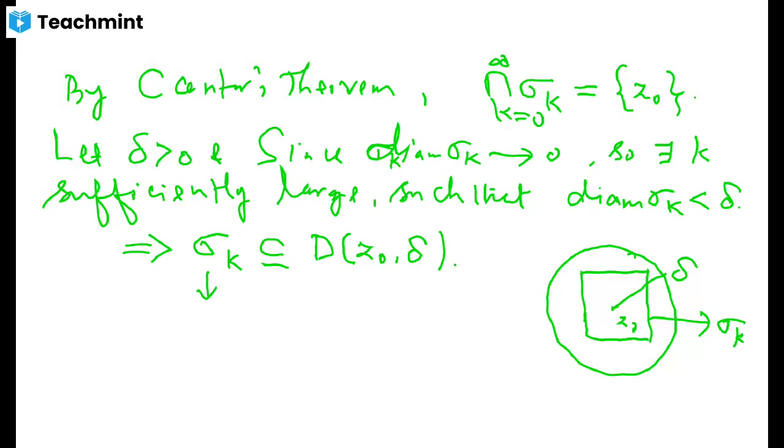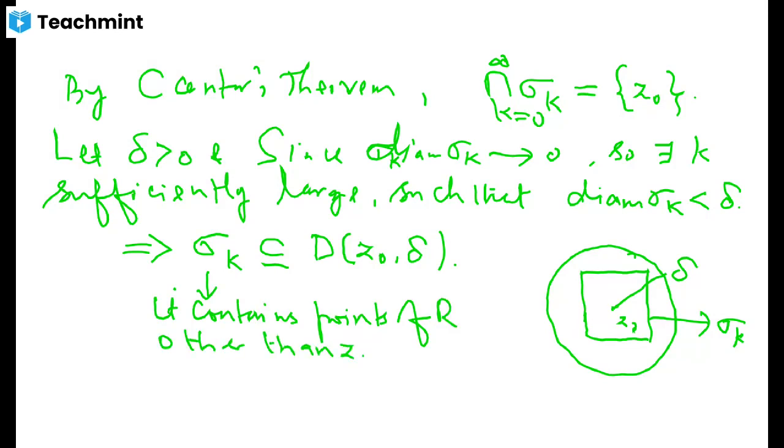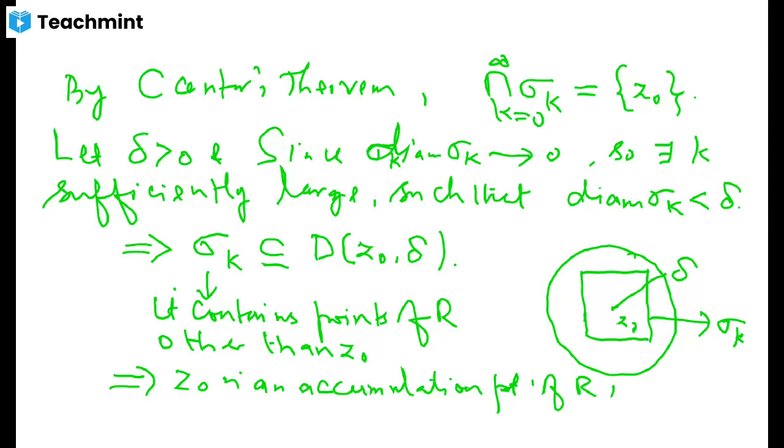This is a square which contains points of R other than z naught. If it contains the points of R other than z naught, it implies that this disk about z naught, which was an arbitrary disk, contains points of R other than z naught, and this shows that z naught is an accumulation point of R.